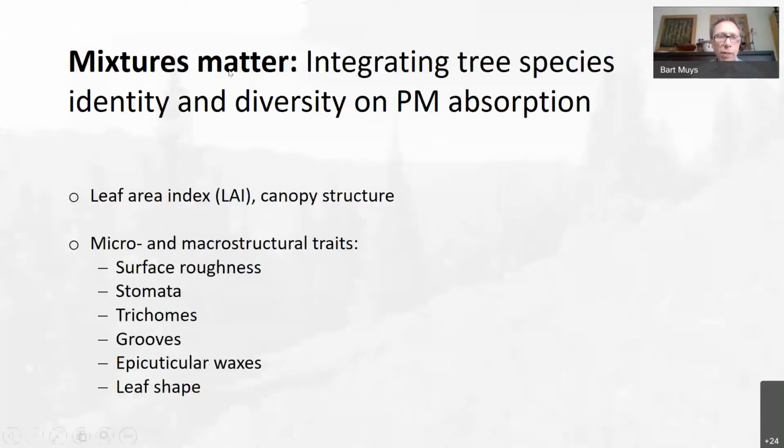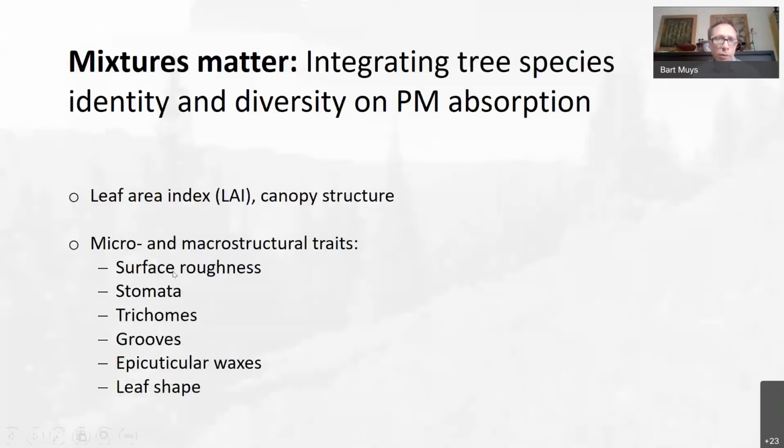So the leaf area index is the area of leaves for one unit of area of land. That's very determining. And also the canopy structure, how these leaves are organized, and the clumping of these leaves, in how far they are organized to be an efficient filter.